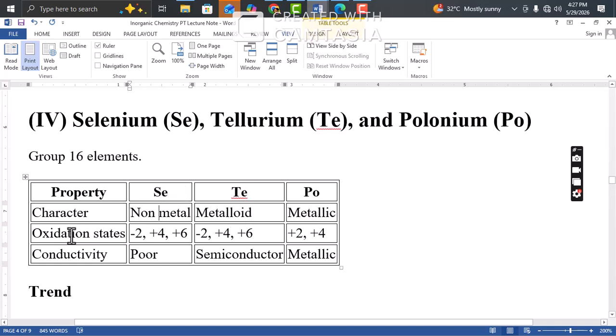Oxidation state for selenium is -2, +4, +6, and for tellurium it is also -2, +4, +6. But for polonium, the minus cannot exist since it is metallic, so it's just +2 and +4. Conductivity: selenium is poor, tellurium is a semiconductor, while polonium is a metallic element.